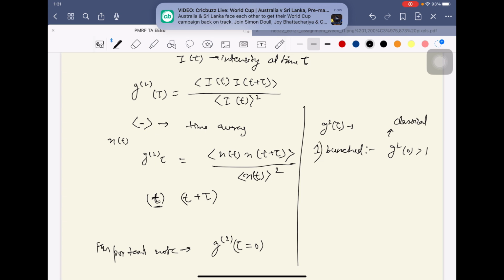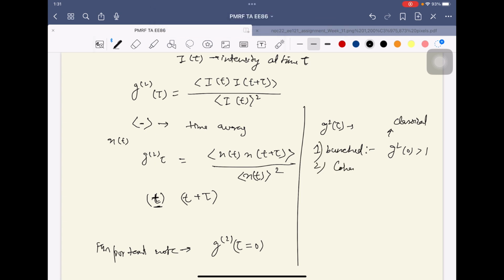The second one is coherent light, for which g2(0) has the value 1. Similarly for anti-bunching, or a single photon emitter, which is anti-bunched light, g2(0) will be less than 1.